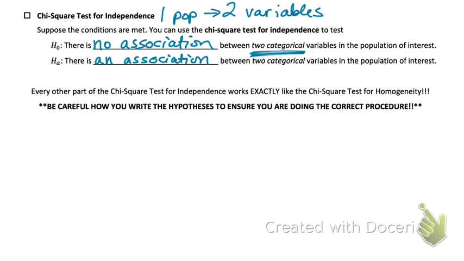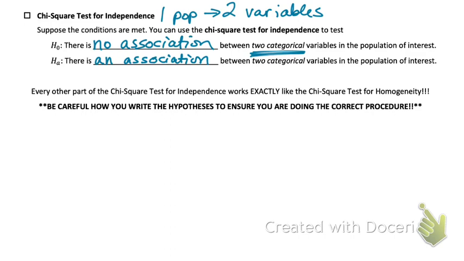Every other part, including the calculator part with the matrix and all that, is exactly the same for this as it is for the homogeneity. So, how do you know whether you're doing a chi-square test for independence versus a chi-square test for homogeneity? Two variables, one population, that's chi-square test for independence.